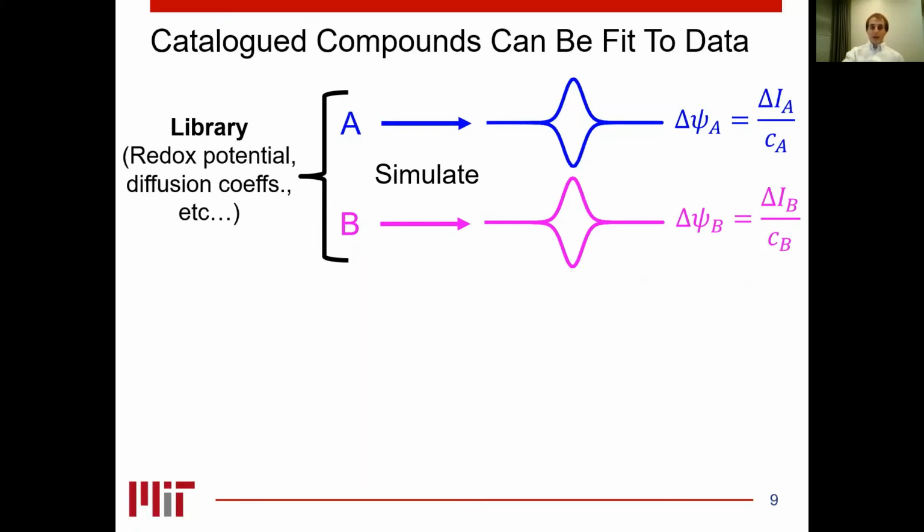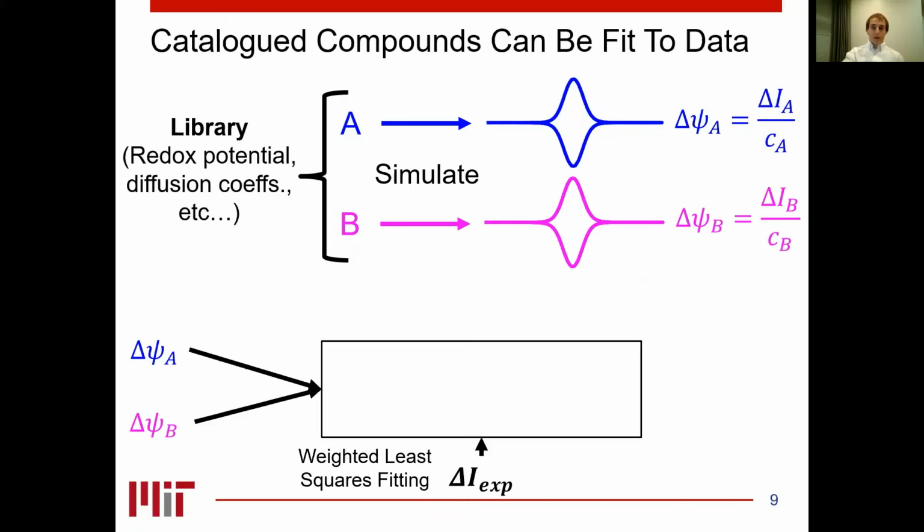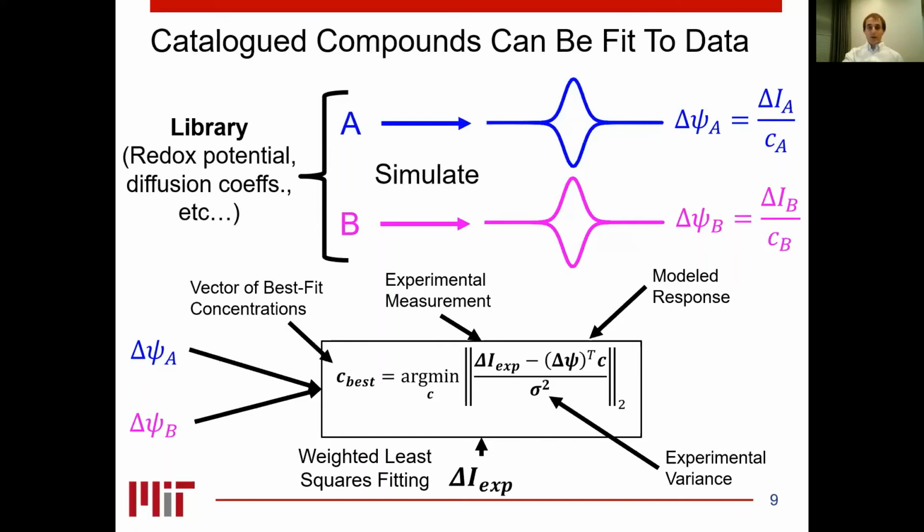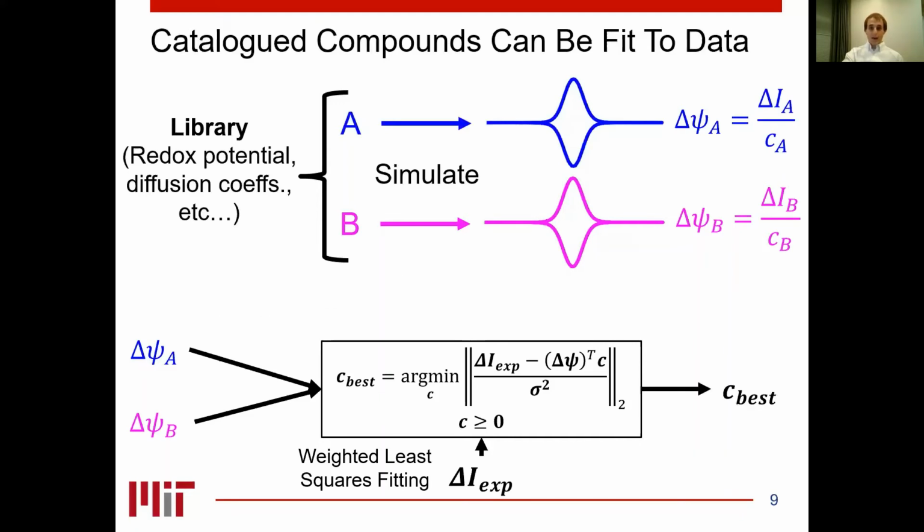The reason being that this concentration normalized electrochemical signal is then compared to the experimental electrochemical signal using weighted least squares fitting, where we have the experimental measurement, the model response, as well as the experimental variance being considered to yield a vector of best fit concentrations, where the concentrations must be non-negative. And this vector is then output to the second major step of determining probabilities.